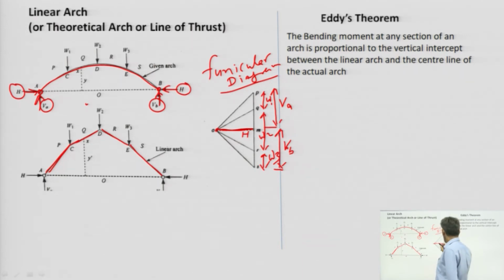So, make this horizontal line, and vertical line VA and downward VB, and put small pq as W1, QR as small W2 and RS as W3.